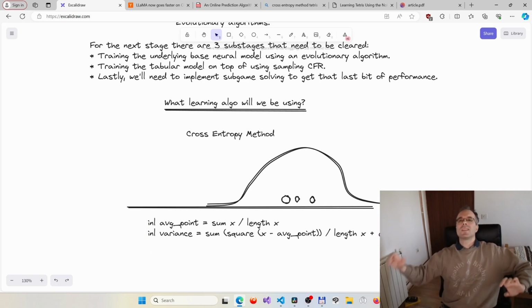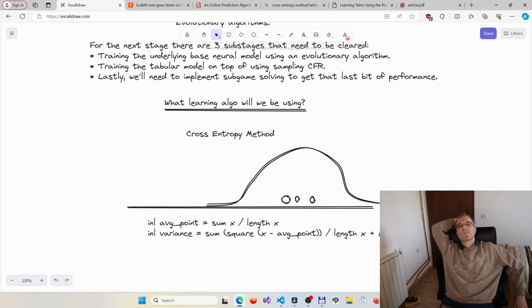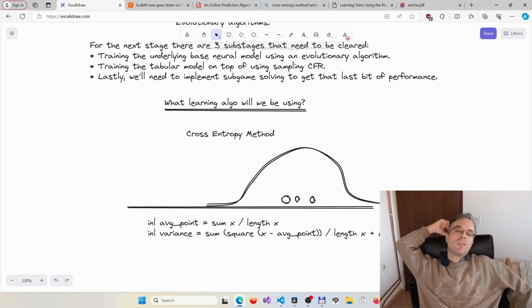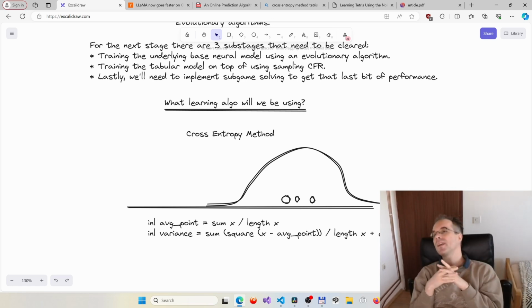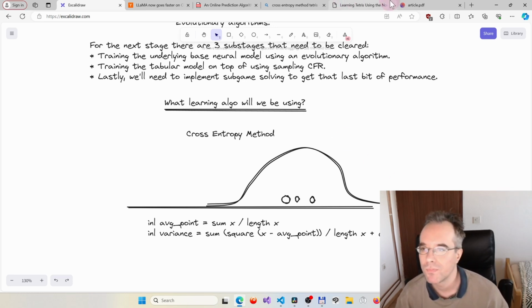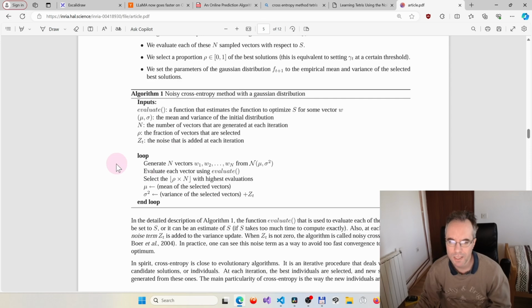This is really a common trick when training neural networks using gradient-based methods. You have a scheduler, and you'd have a high learning rate at the start, and then gradually lower it as the training goes along. So this is the algorithm. It's very simple. It's not like some other algorithms where you need a PhD just to understand them.